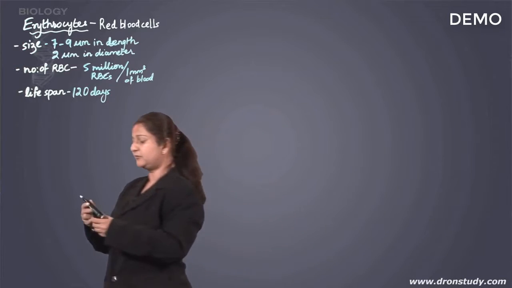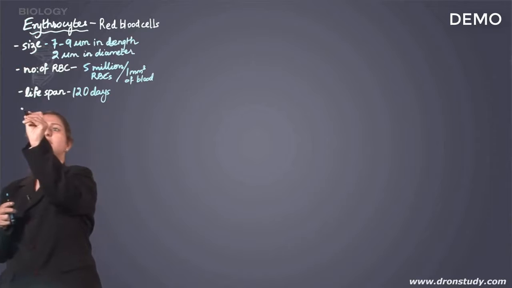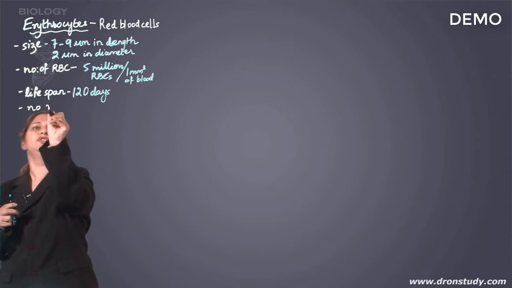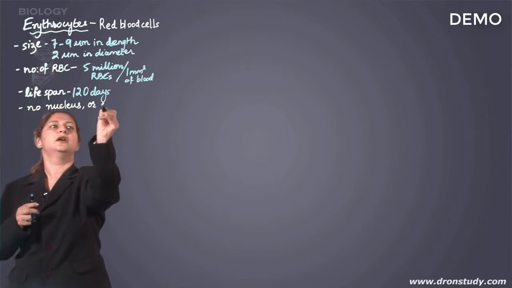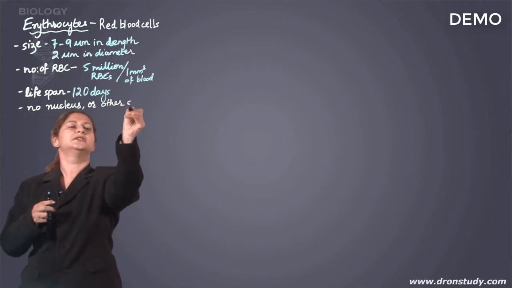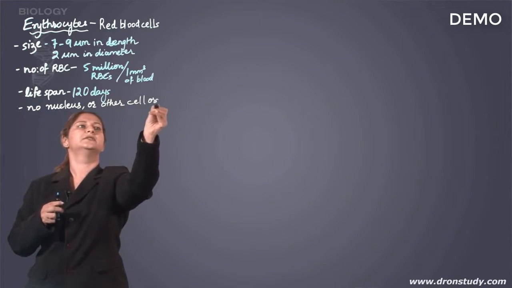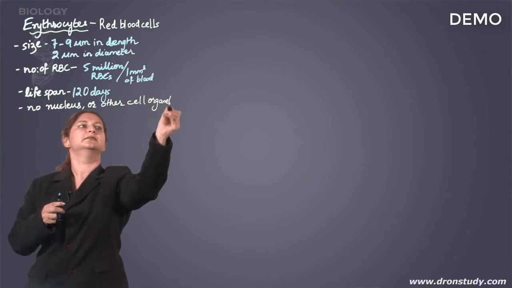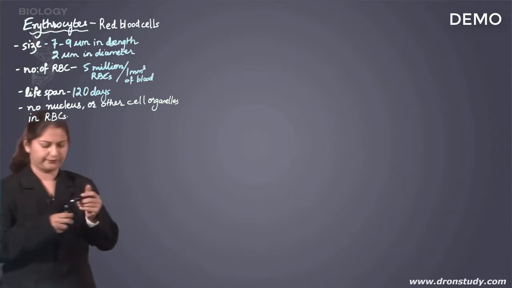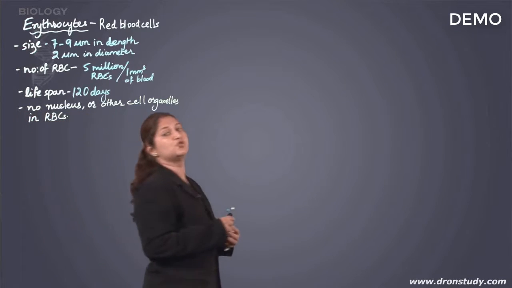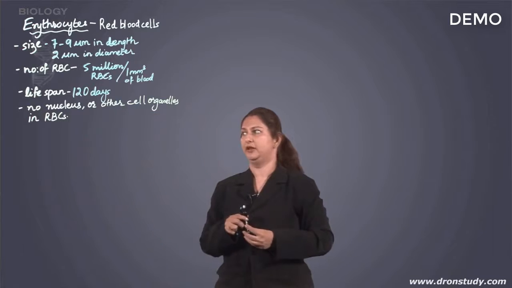Now, there's no nucleus or other cell organelles in RBCs. Now, why is that so? It has to accommodate hemoglobin, correct?